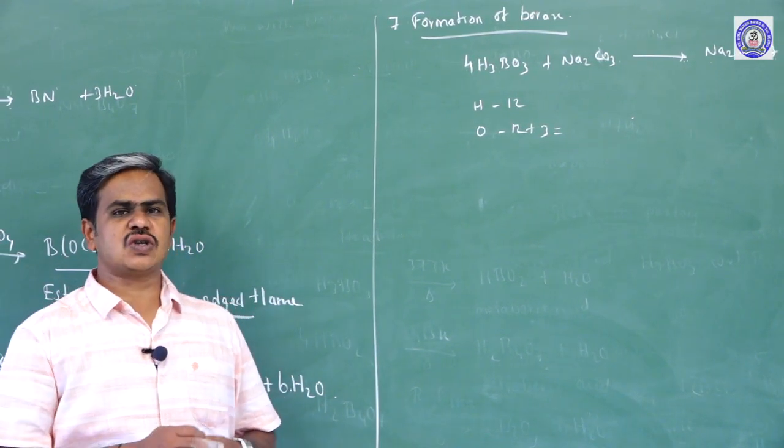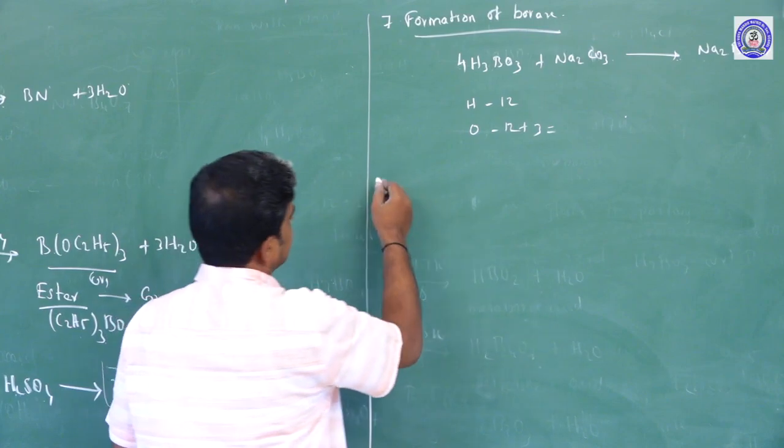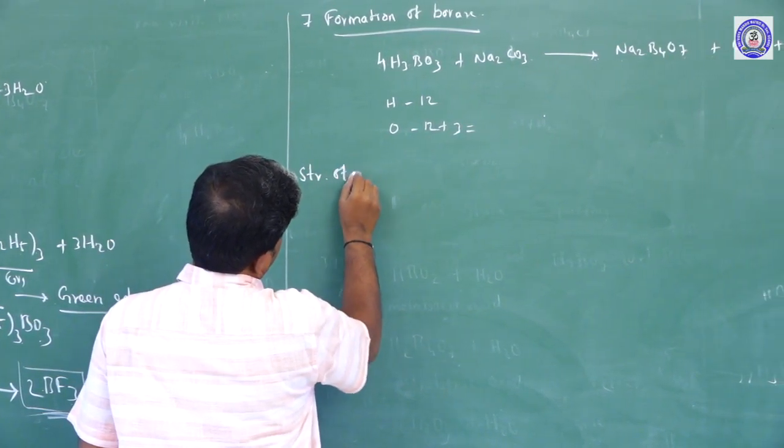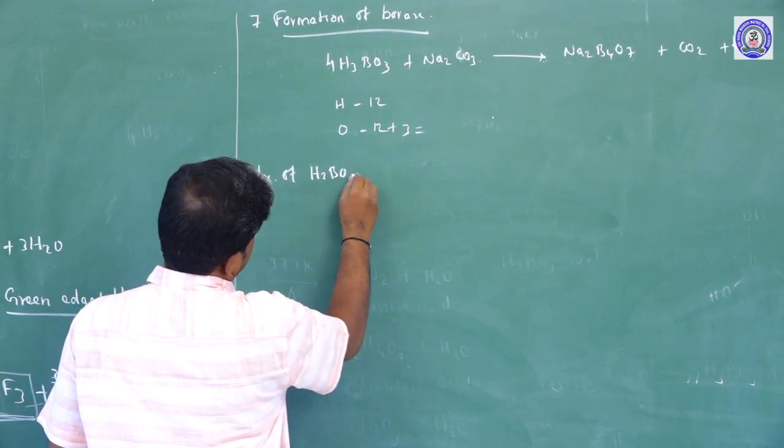Now what is the structure of boric acid? We take the structure of boric acid, H3BO3.